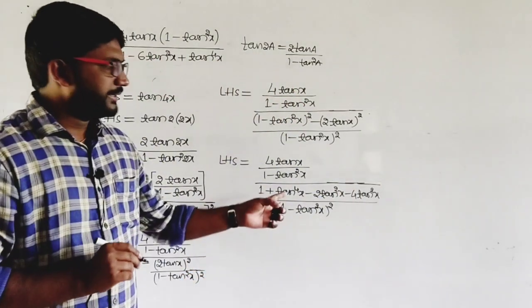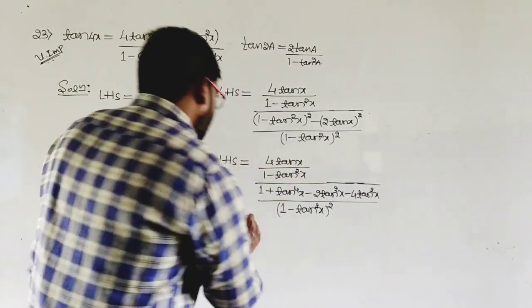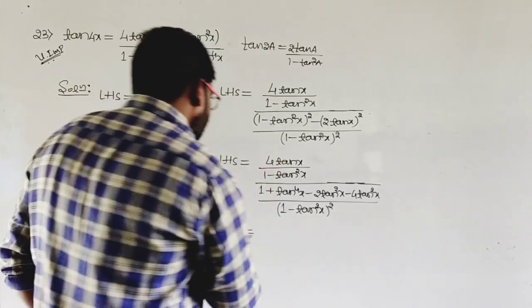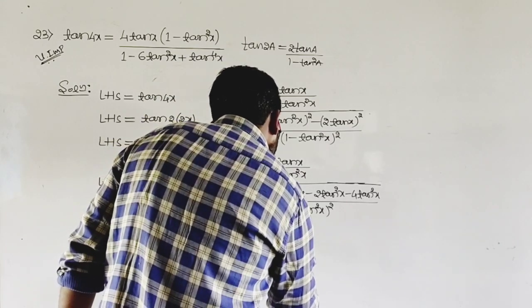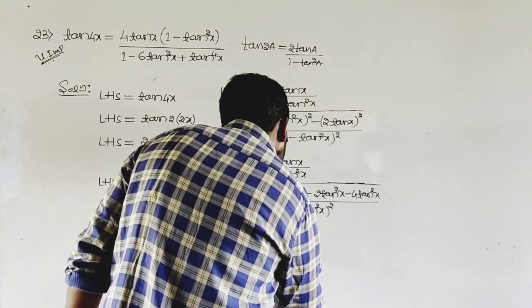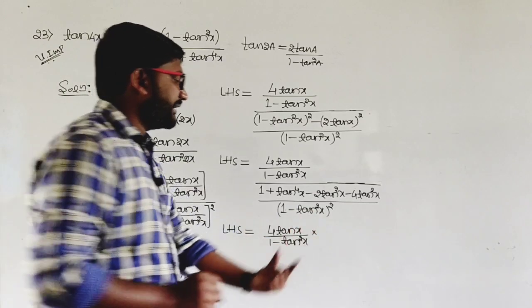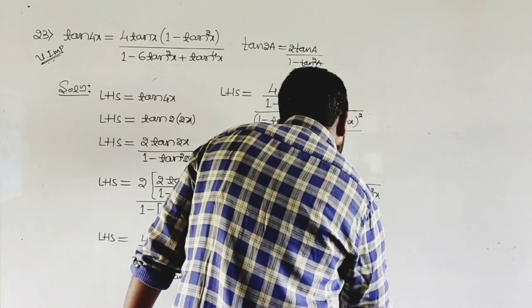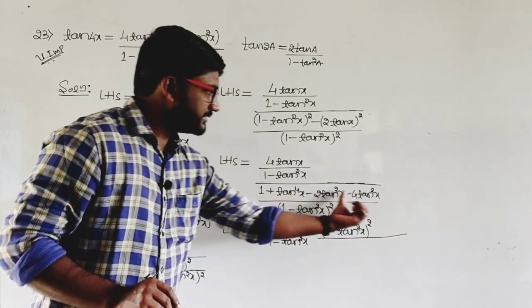Now we have to take up the reciprocal. Write this as it is and these two terms will be reversed. So here left hand side is equal to, I write the numerator as it is, 4 tan x divided by 1 minus tan square x, then into, I write this in the numerator now, 1 minus tan square x the whole square, then divided by, write this as it is now.